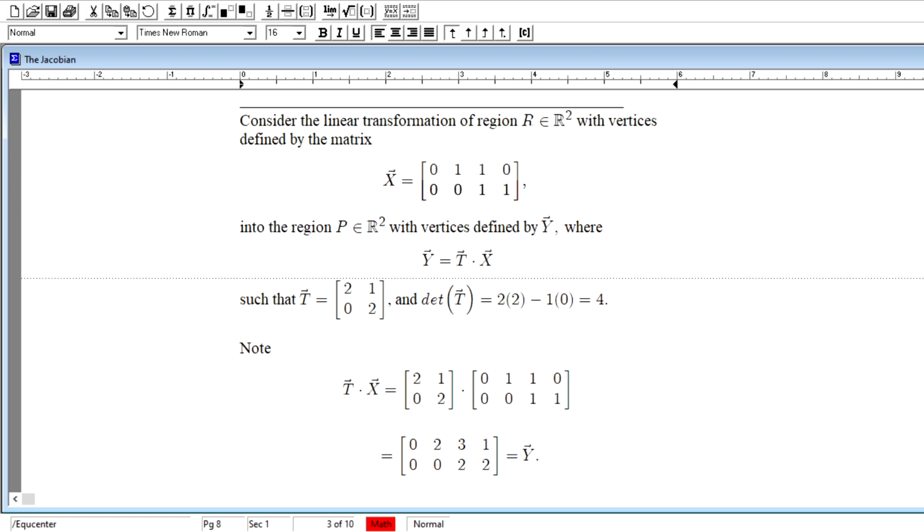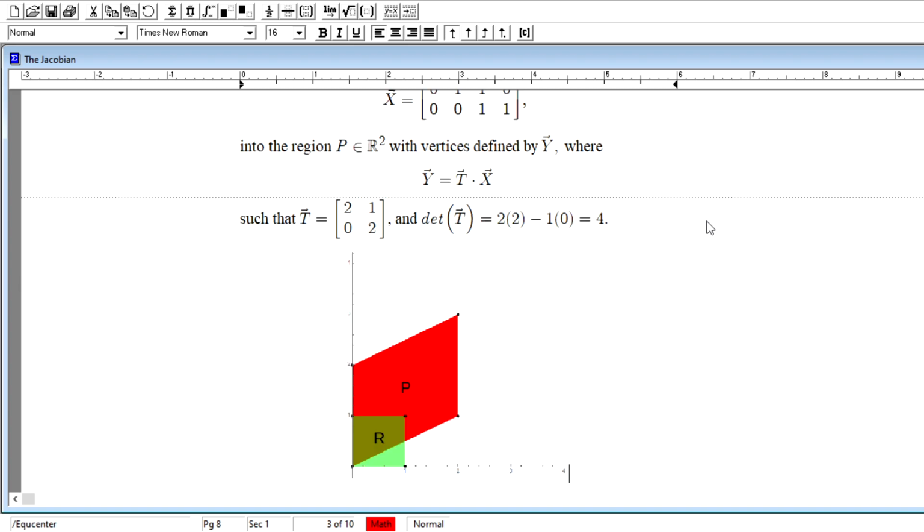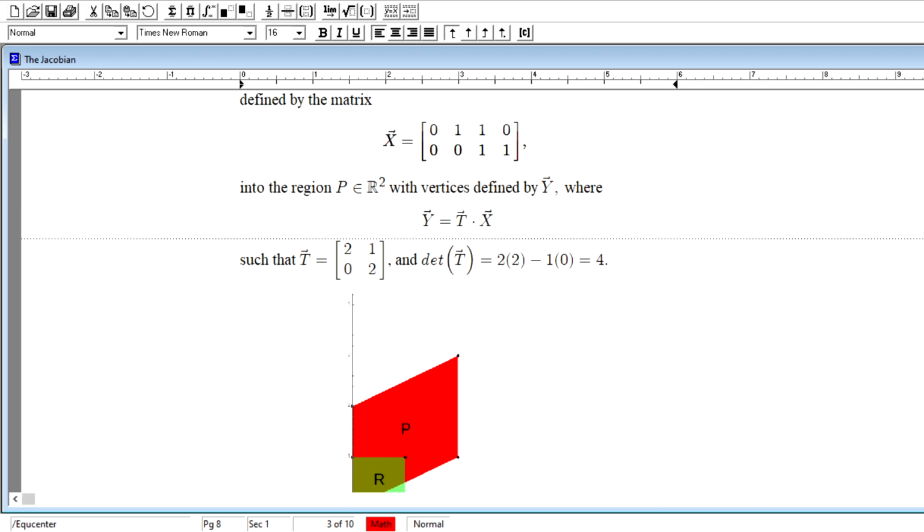If we think about what we are setting up here, let's just drop it in right here. Here we go. What we are describing is a transformation for X bar. X bar is going to be these vertices 0, 0, 1, 0, 1, 1, and 0, 1.